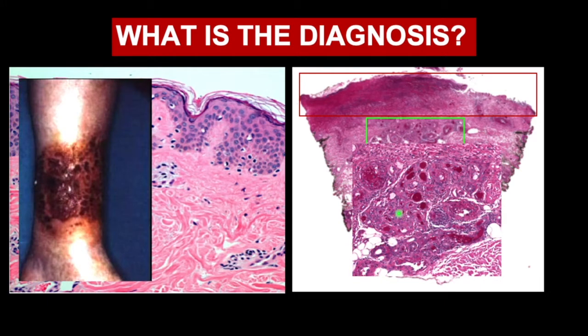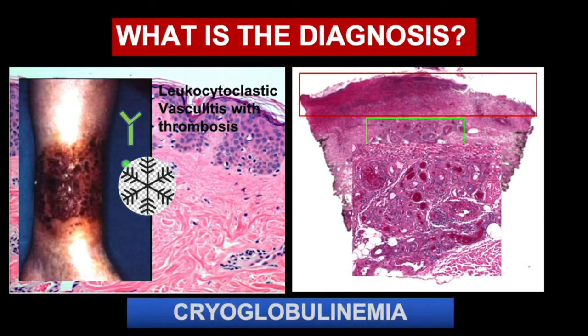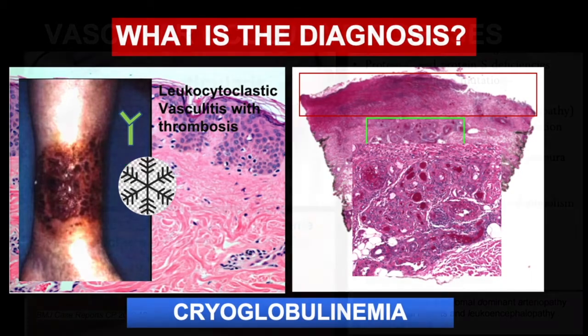Clinically it appears as ulcerated, especially in the lower extremity, and we see it sometimes related to the weather. In cold weather the patient will have those lesions because the antibody will be activated in cold weather. If you go on high power, you will identify leukocytoclastic vasculitis with thrombosis, and this is cryoglobulinemia.